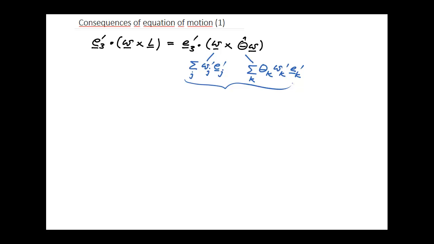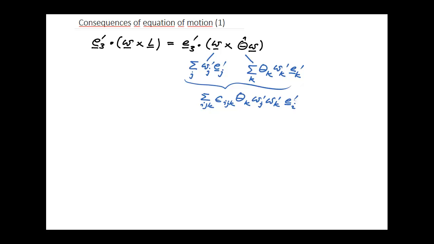Ej cross Ek equals sum over i epsilon ijk Ei. So together this gives three sums, sum over i, j, k, Levi-Civita symbol epsilon ijk, theta k, omega j prime, omega k prime, and basis vector Ei prime.